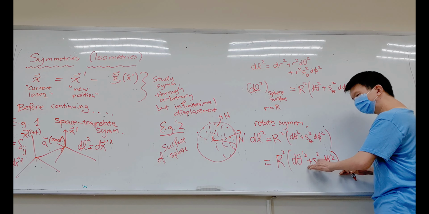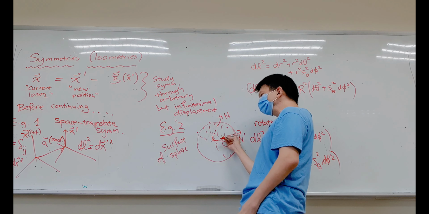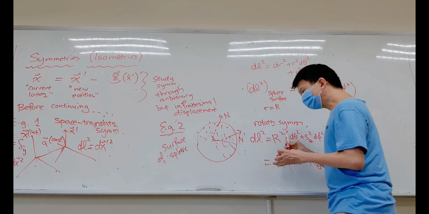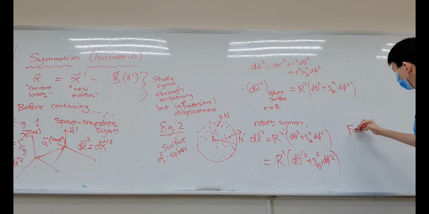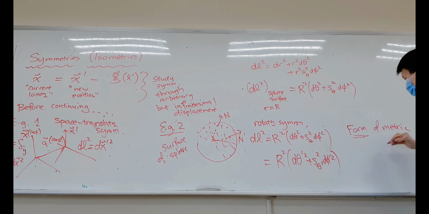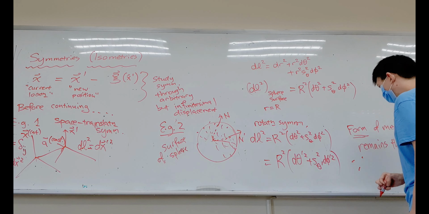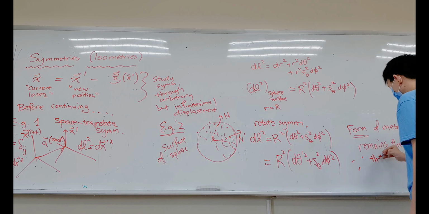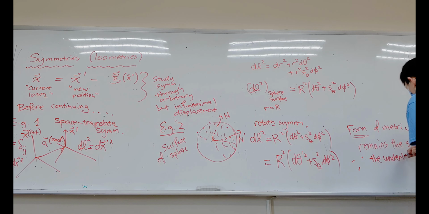It's just that these thetas and phis are defined with respect to the new north pole. Okay? This was with respect to the old north pole. But otherwise, the form of the metric remains the same, because the underlying space is rotationally invariant.